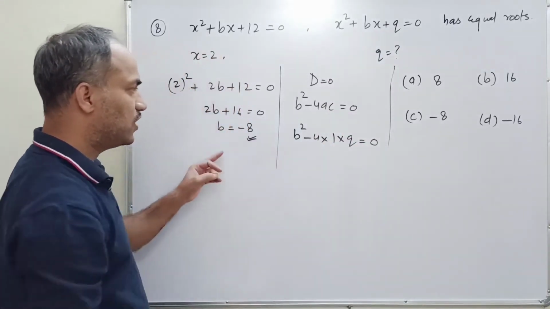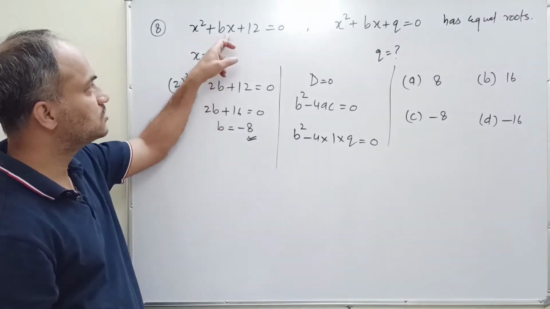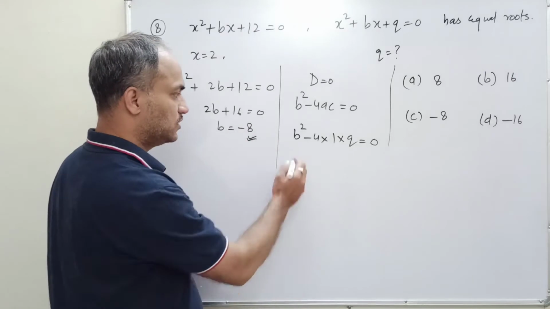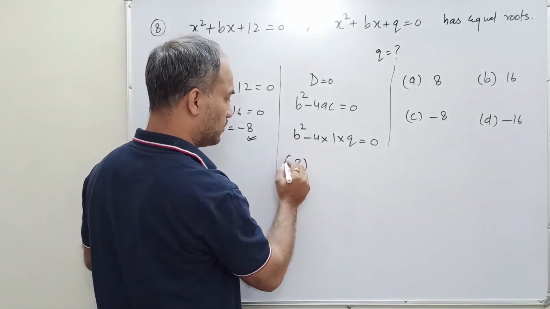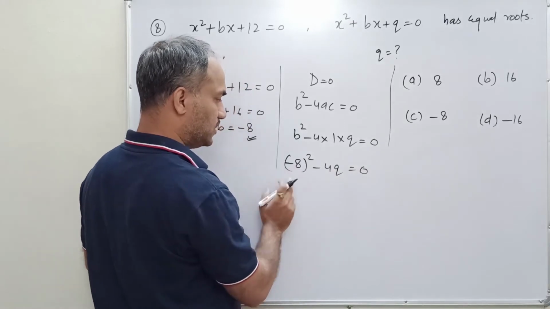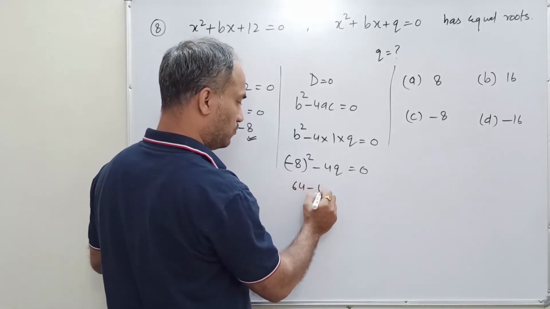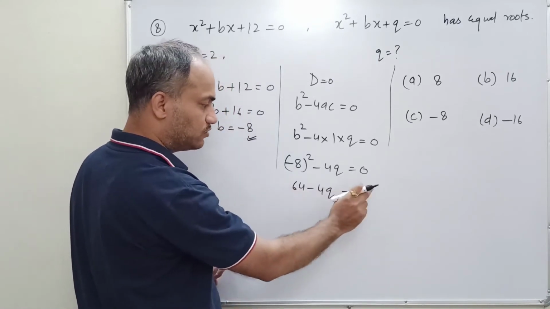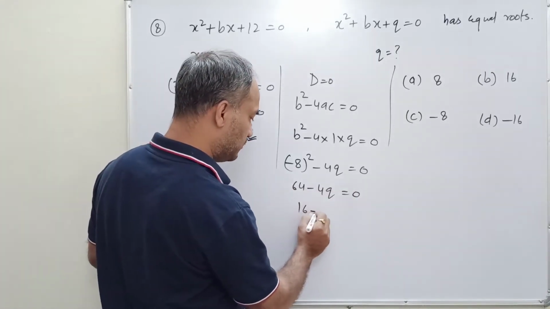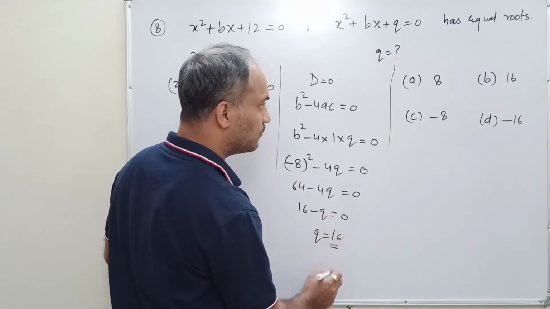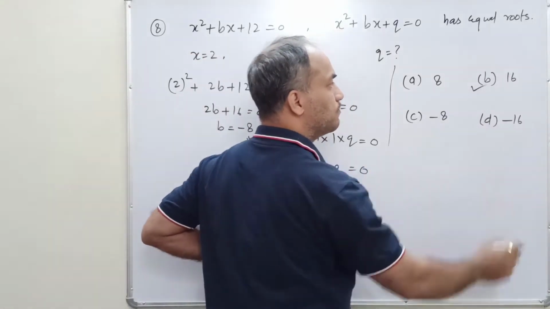But b we have found, so we will use the same value. Okay, so b is minus 8. So put here minus 8 whole square minus 4q equal to 0. This square is 64 minus 4q equal to 0. Take 4 common or divide throughout by 4. So 16 minus q is 0. So q is equal to 16. Fine. So answer B is correct.